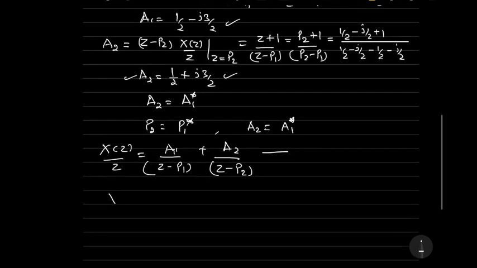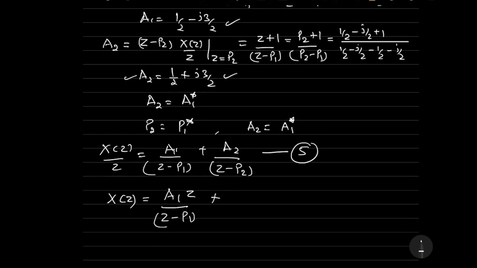I am giving this equation number 5 and taking z to this side. Then we get X(z) equal to a1 z upon (z - p1) plus, as we know a2 is the complex conjugate of a1, a1 complex conjugate into z upon (z - p2). As we know p2 is the complex conjugate of p1, instead of p2 I am writing the p1 complex conjugate value.